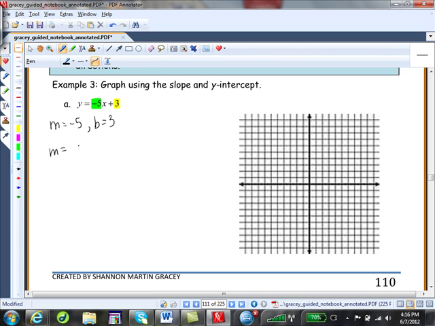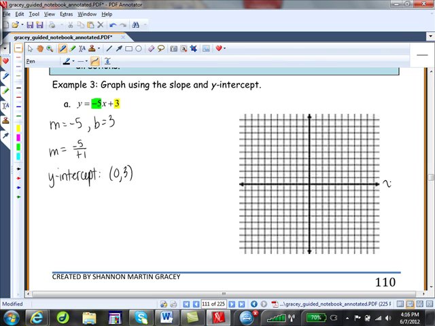Because we have to go negative in one direction. Down? Okay. So we'll write that as -5 over +1. And the y-intercept is at, good, 0, 3.